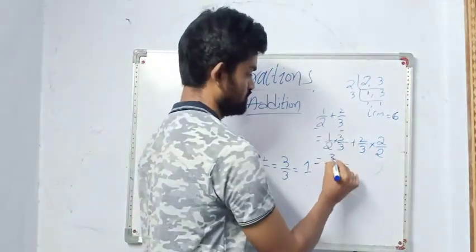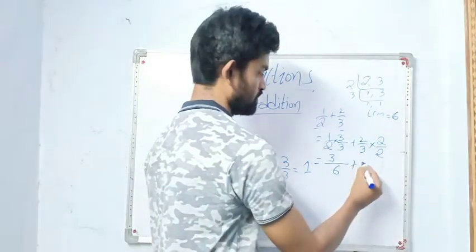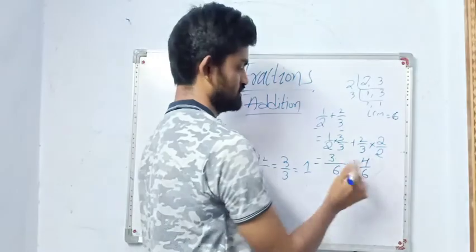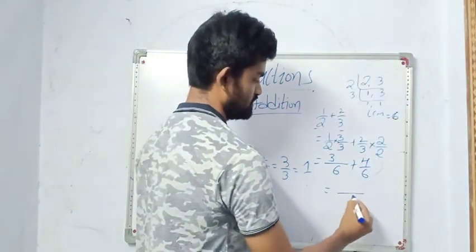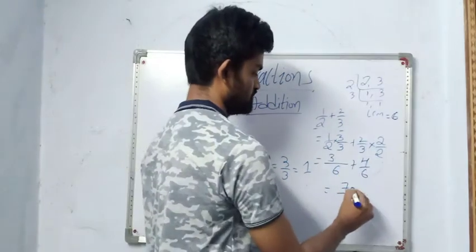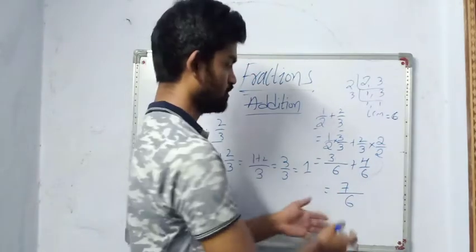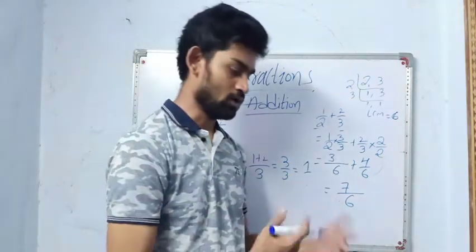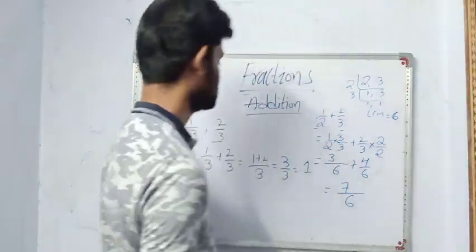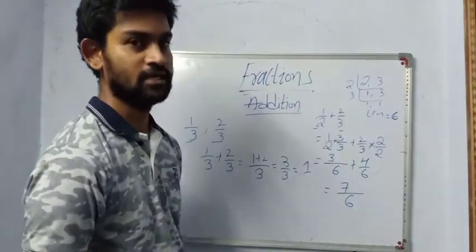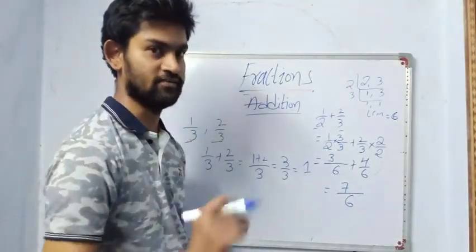Here how much? 3. 4. Here 6 to 2 is 4, 3 to the 6. Now the denominator is the same, that is 6. Add the numerators, 3 plus 4 how much? 7. This is how we add unlike fractions. To add unlike fractions, actually one more method is there. Directly we can add. That we'll see now.